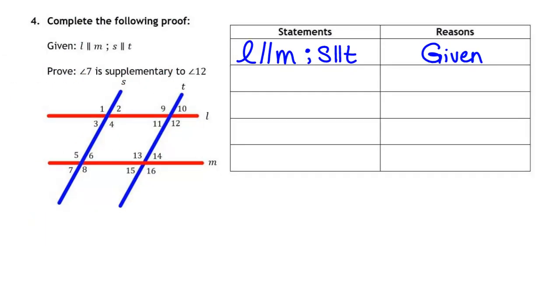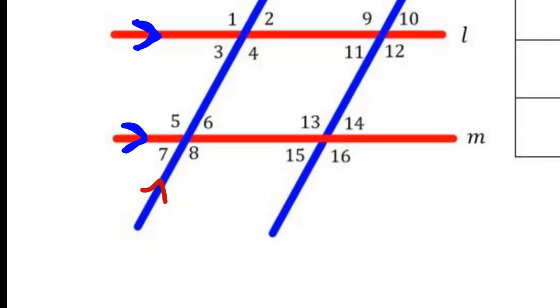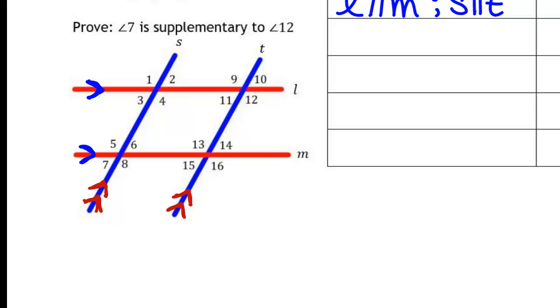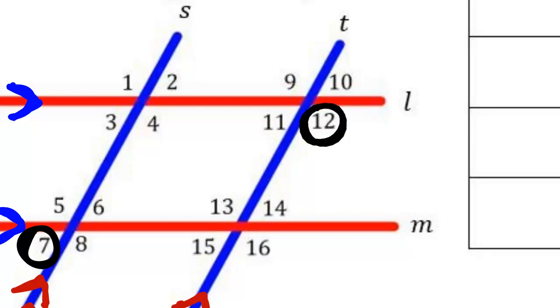All right, I'm going to go ahead and mark that on the picture. L and M are parallel. And then S and T are parallel. We're supposed to prove that 7, this one down here, is supplementary to 12, this one up here.